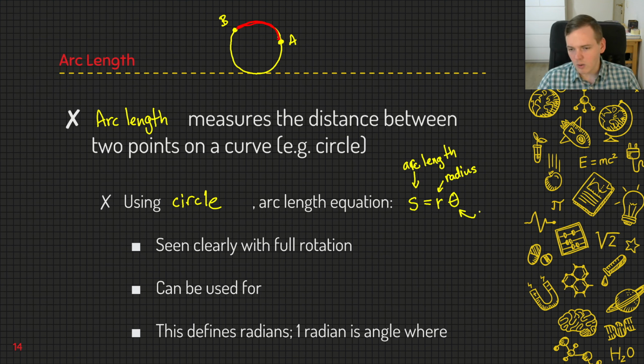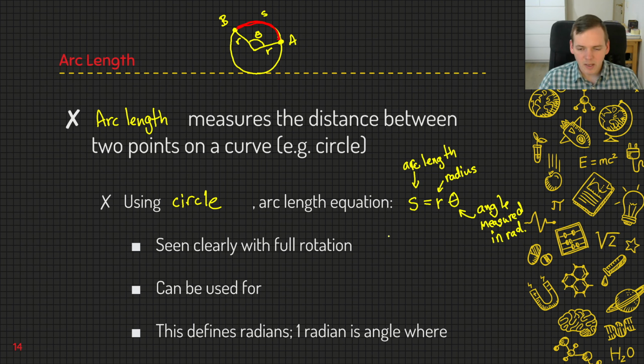And also, theta is the angle measured in radians, so we do have to use radians. If I go up here and draw in these labels, we'll see that this is the distance r, this is also the distance r, and this angle right here is my theta. And this distance in red up here is my arc length S.